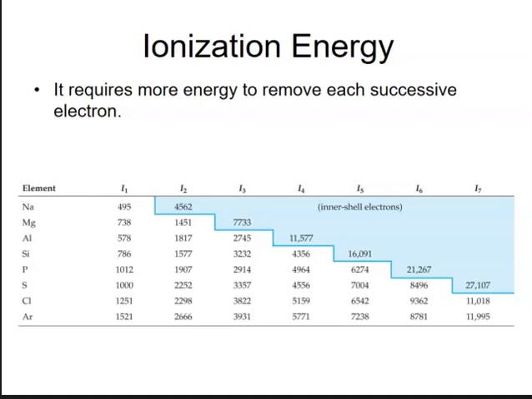The more electrons you pull off, the harder it gets to take electrons off. Because as soon as you take off one electron, what you're left with is a positive ion. That makes it harder to take out the next electron, because the more electrons you take out, the more that positive charge outnumbers the negative charge and holds onto them tighter and tighter.